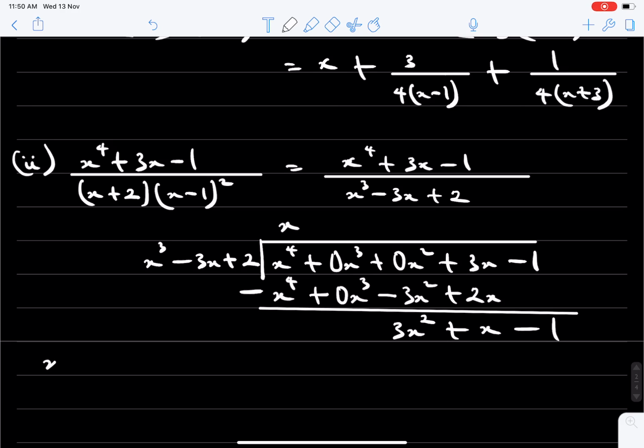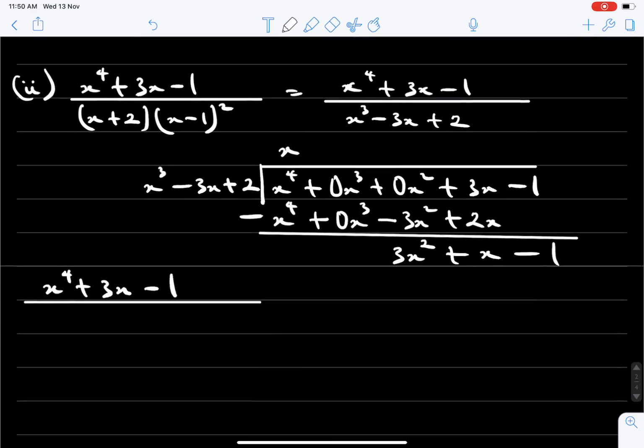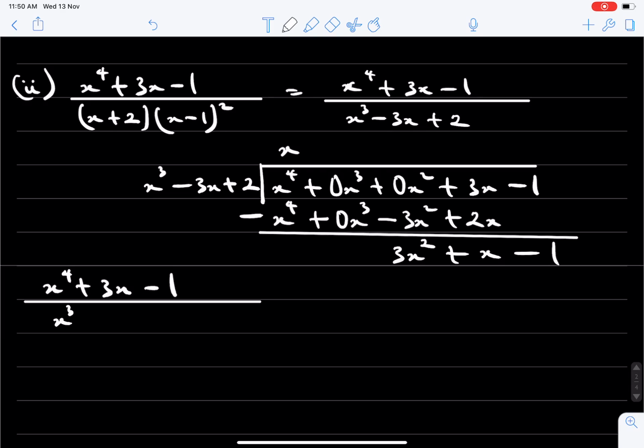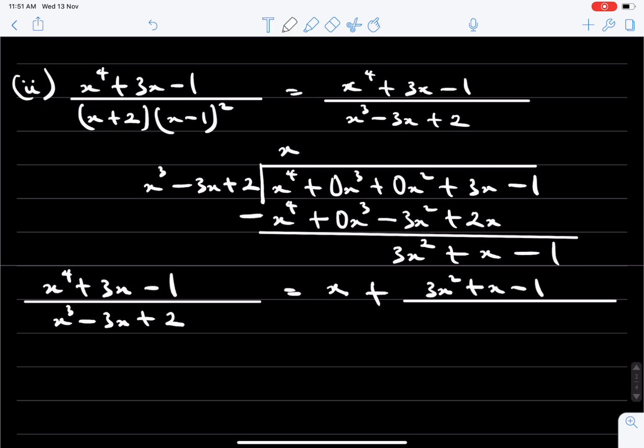And then we write the fraction as x raised to the power 4 plus 3x minus 1 divided by x cubed minus 3x plus 2 equals the quotient, which is x, plus the remainder, which is 3x squared plus x minus 1, divided by the divisor x cubed minus 3x plus 2.